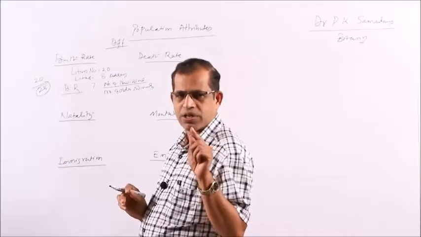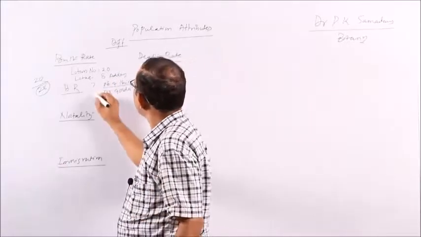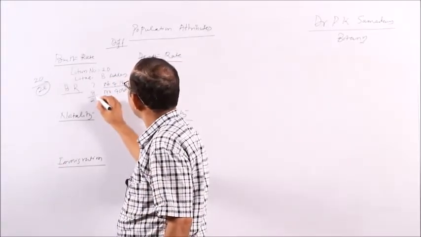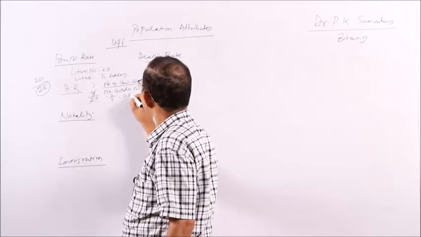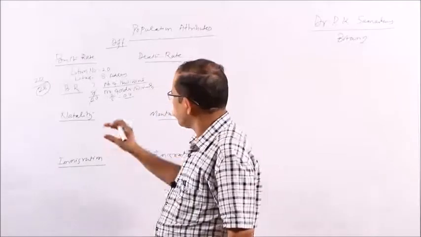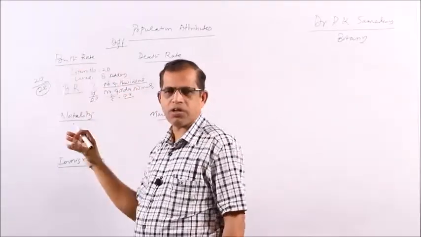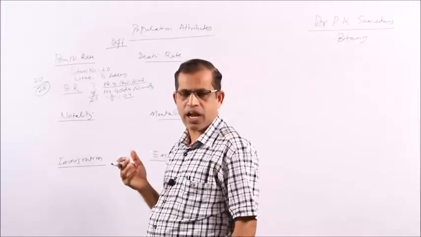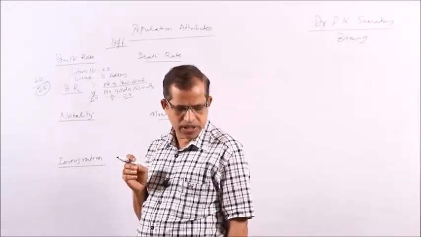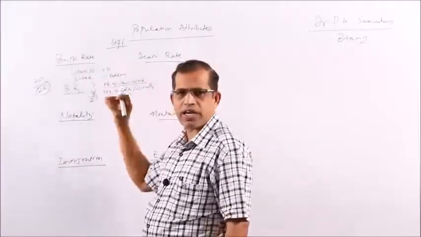It is 20 because initially it was 20. So, 8 by 20, that is 2 by 5, or you can say 0.4. So from this we know the number of individuals added, and we can say this is the birth rate.